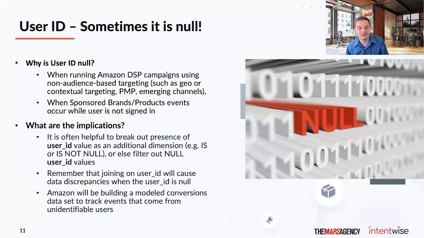In the long run, Amazon has realized that this tracking issue and identity resolution issue of not having user IDs for all ads is going to require them to basically generate synthetic conversions to say, I know I served X number of impressions where I didn't have a user ID.